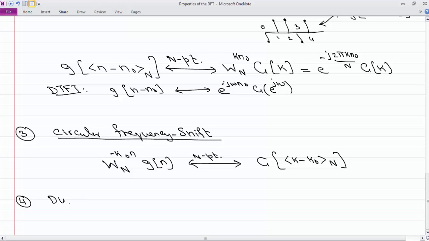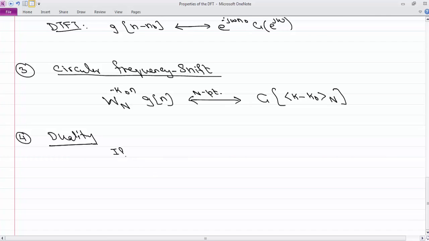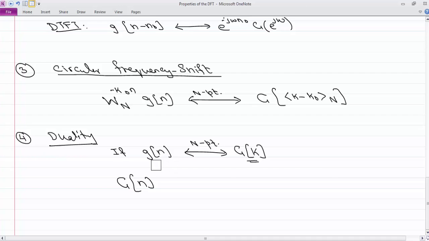The next property is duality, which says that if g[n] has N-point DFT G[k], and now you have a time domain signal whose values are exactly the same as the DFT of your original signal, and if you compute its N-point DFT, then that will be equal to N times g of (minus k) mod N. Now, minus k mod N is a very simple operation.